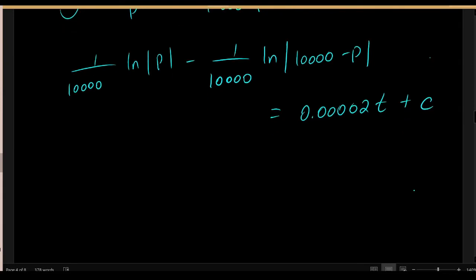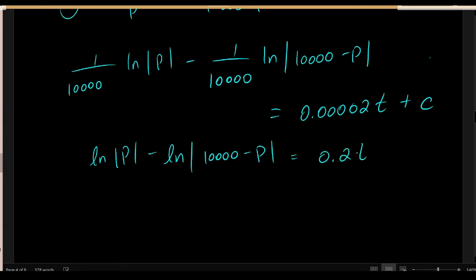So let's do a little bit of cleaning. I'm going to go ahead and multiply through by 10,000: natural log of p minus natural log of 10,000 minus p is equal to 0.2t plus a newly refreshed arbitrary constant.